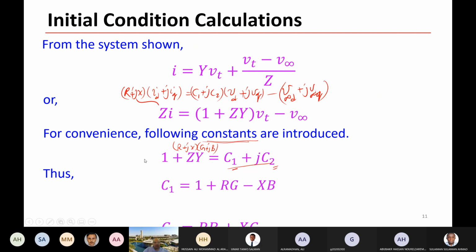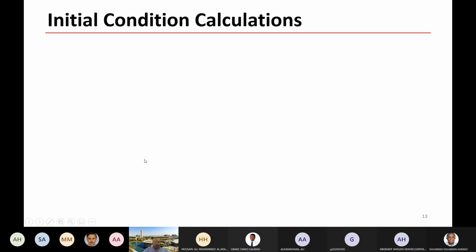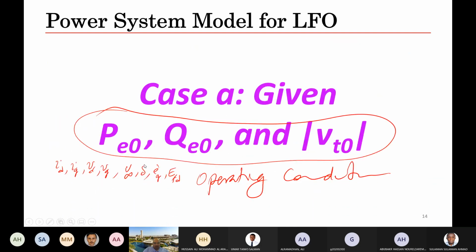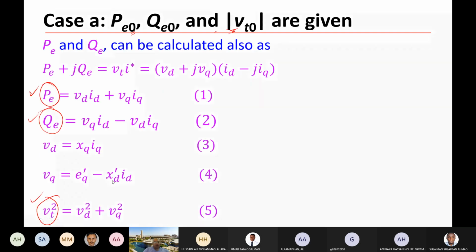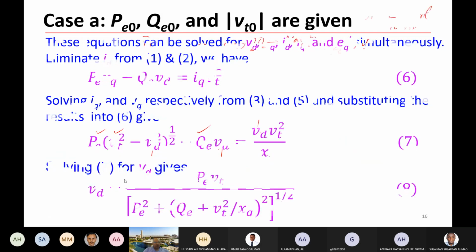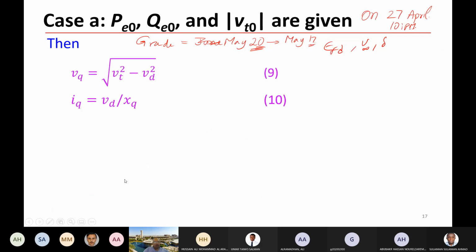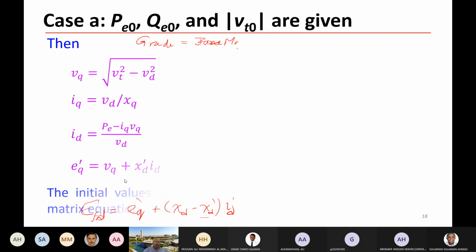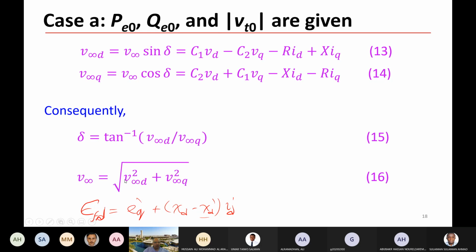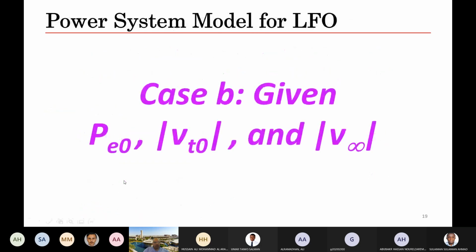This is the current, and we derived some of the constants, and that was a very important equation, sorry. And this part A covers giving the electrical power, real power, reactive power, and terminal voltage. We can find all the initial conditions, Vd, Id, Vq, Iq, Eq prime, Efd, and V infinity, and also the angle. So all this can be calculated.